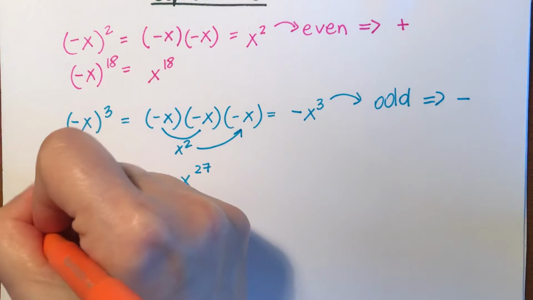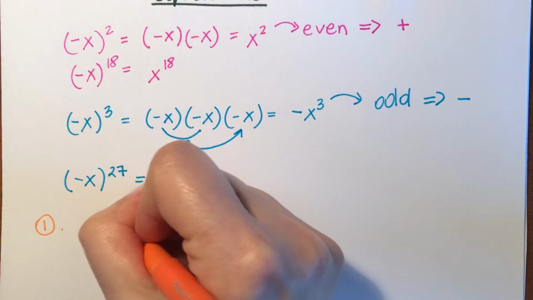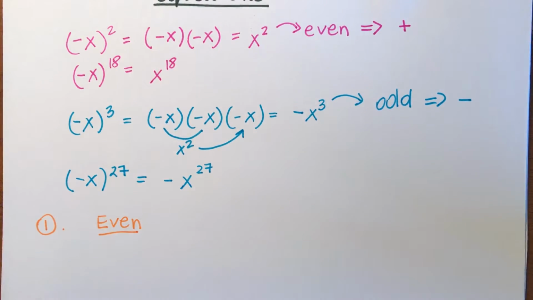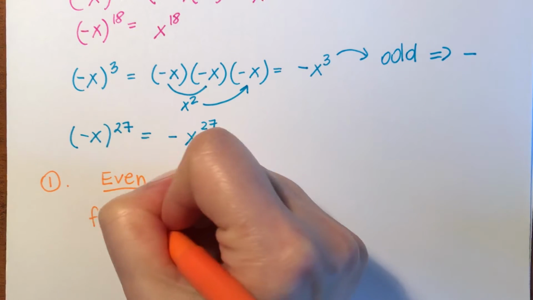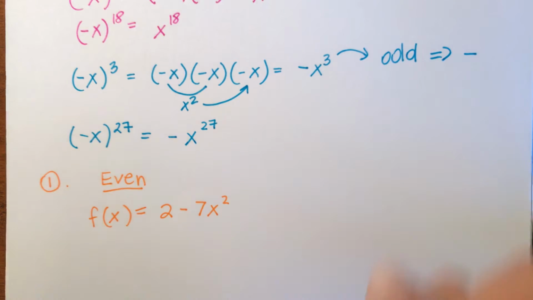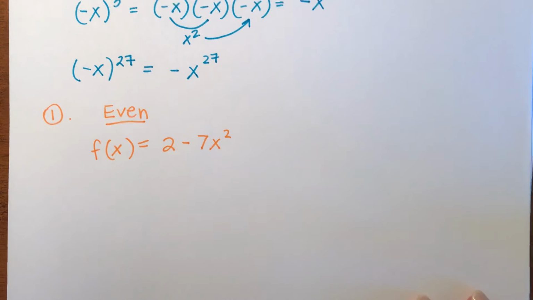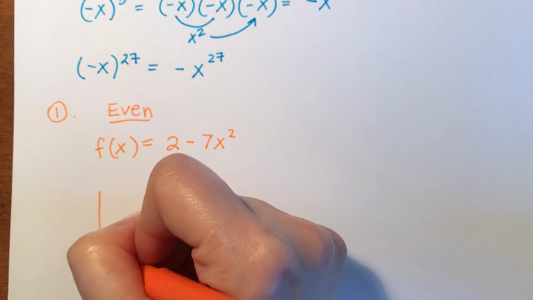Okay, we're gonna look at even function first. Even function. Now, here's your example. F of x equals 2 minus 7x squared. Okay, I want you to start with a table. Okay, so we're gonna make a table.